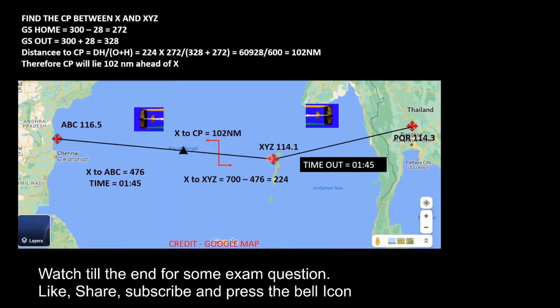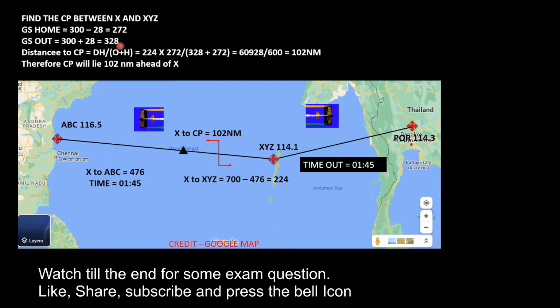So in this case, if I have to come back from XYZ towards my destination, the ground speed is 300 minus 28, which we found earlier, that is 272 knots. And the ground speed out is 300 plus 28, 328.